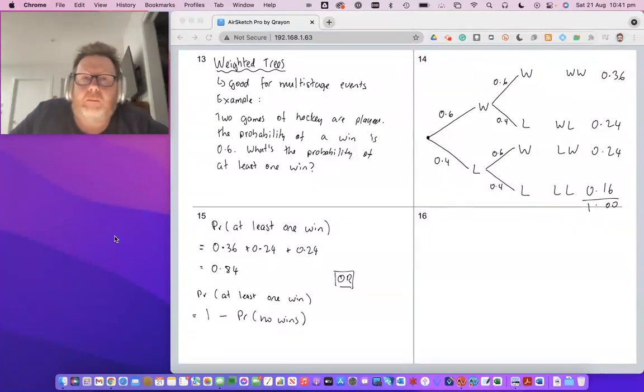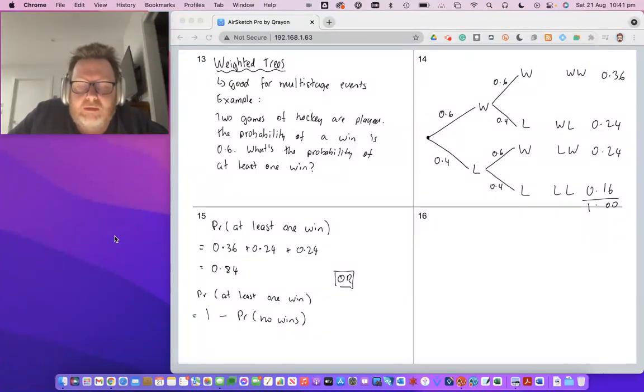Now, I'm putting this down even though this is a very straightforward problem, because this is a really useful strategy to have in your kit of things to do, particularly when you see the words at least one, or at least two, something like that. Often, it's worth spending a moment to just go, is the complementary of at least easier to calculate and then subtract it from one?